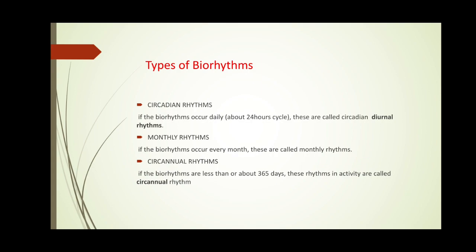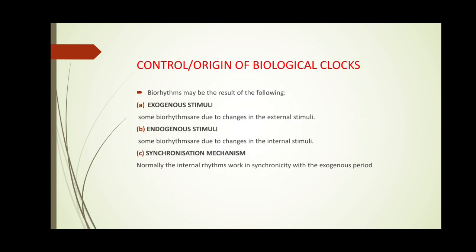Now we will talk about how these biological rhythms are controlled. These rhythms originate as a result of exogenous stimuli, endogenous stimuli, and exo and endogenous or synchronized stimuli.